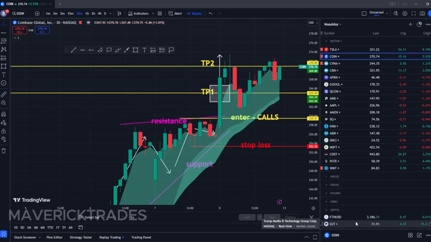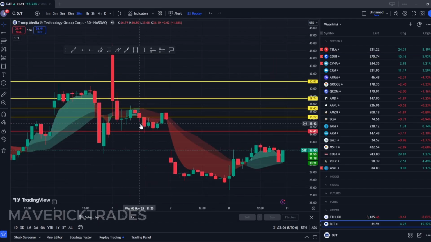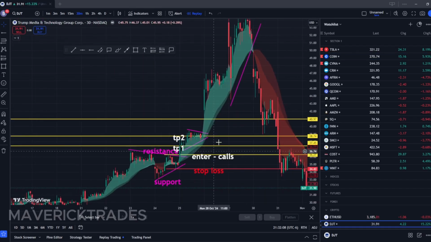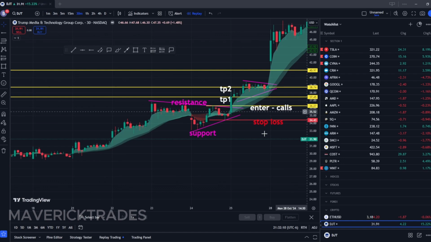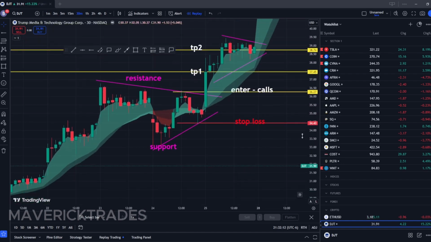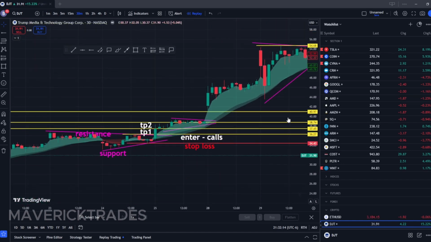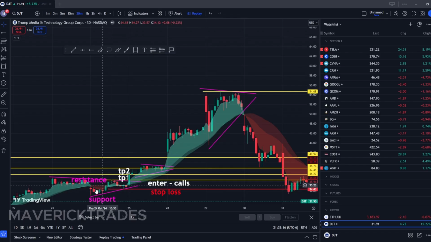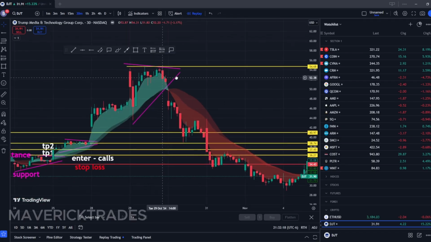Okay. Another stock that does really well for these types of plays is DJT. Right here. This is an amazing play that played out. This happens pretty often with this stock. So here, falling wedge.